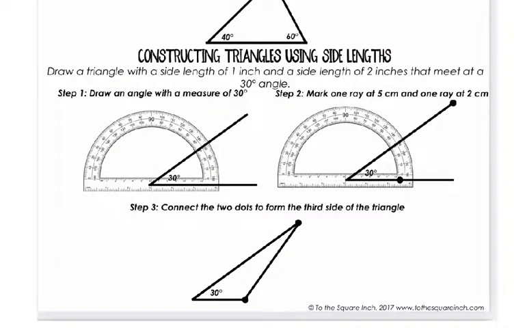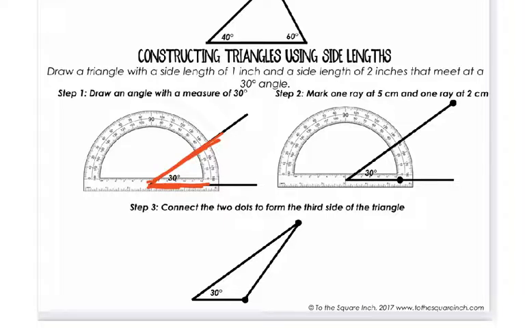Okay? All right, the next piece of this at the bottom of the page, we can also construct triangles using side lengths. So it says to draw, first of all, an angle with a measure of 30 degrees. So of course, we lined up our protractor right here like you can see here, and then we drew a 30-degree angle here, right? And then it says on step 2 to mark one ray at 5 centimeters and one ray at 2 centimeters.